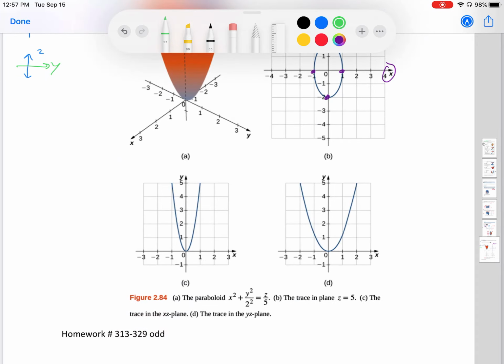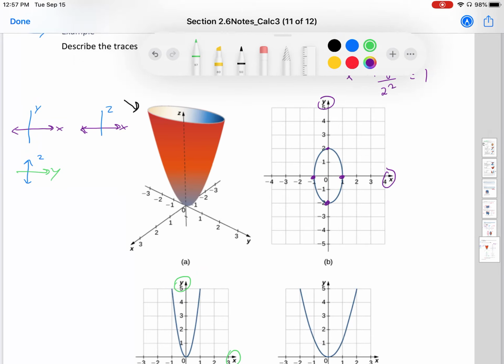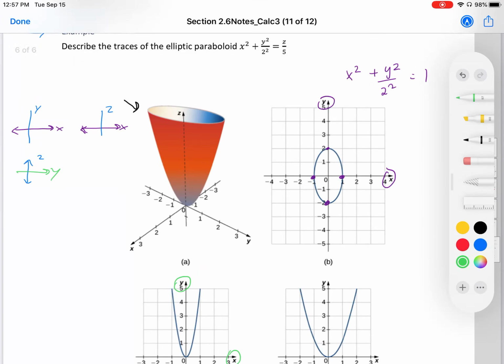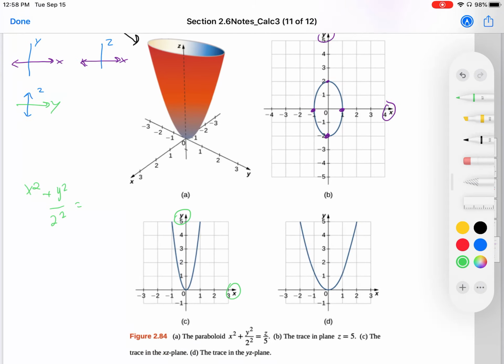Okay, so our other option is working with y and x. If we work with y and x only, we have x squared plus y squared over 2 squared is equal to 0 in a sense.